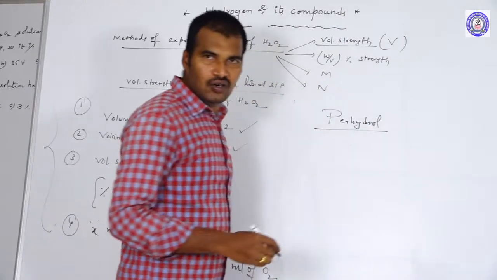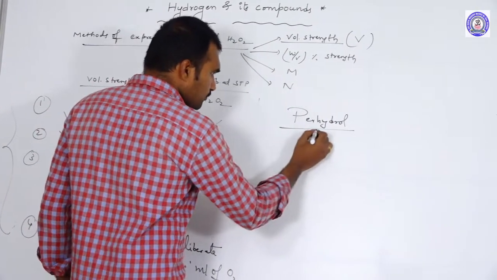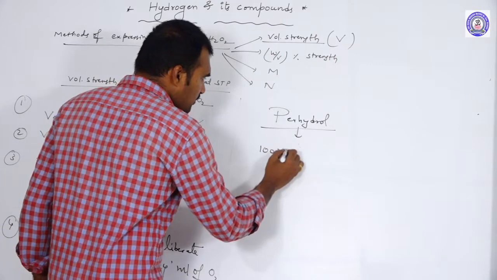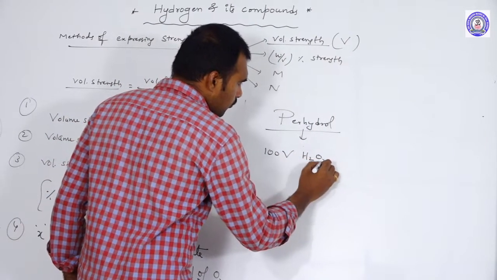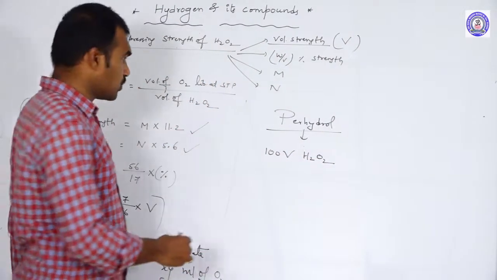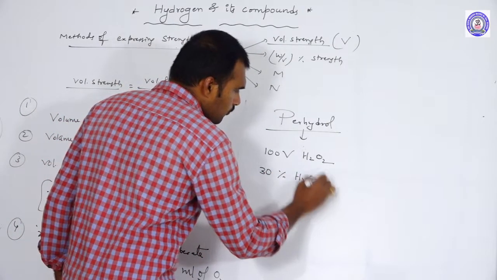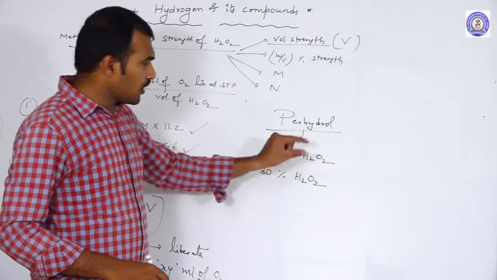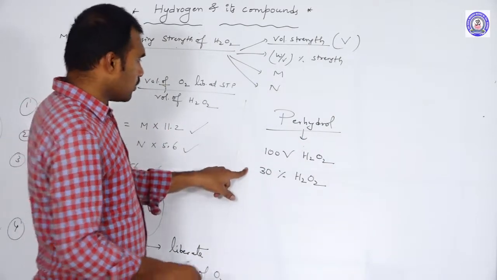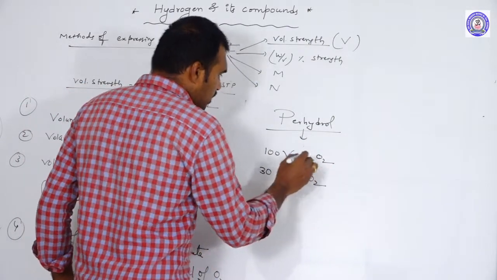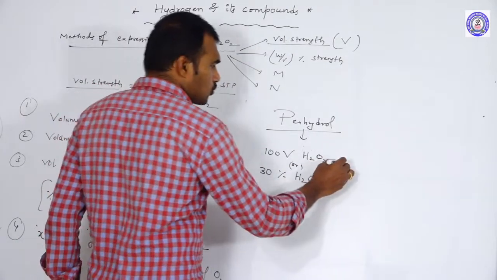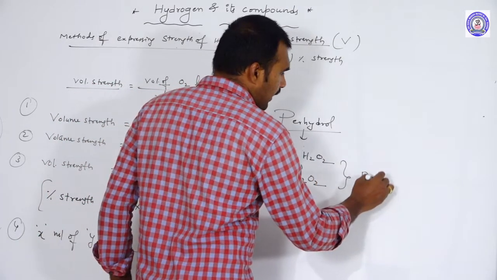What is perhydrol? Perhydrol is nothing but 100 volume strength H2O2, or 30% H2O2 solution. We call it perhydrol.